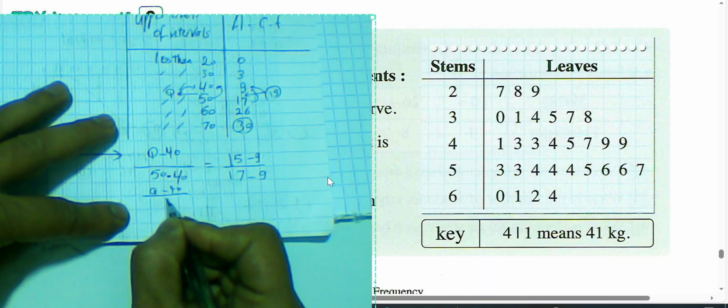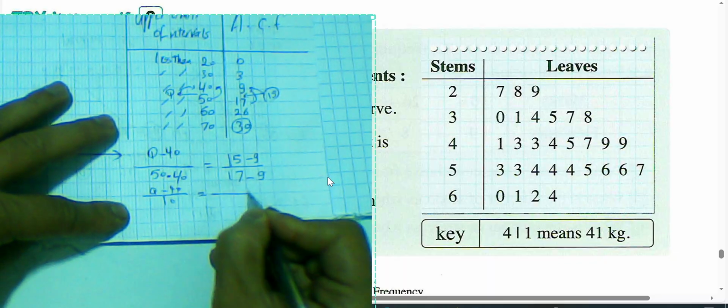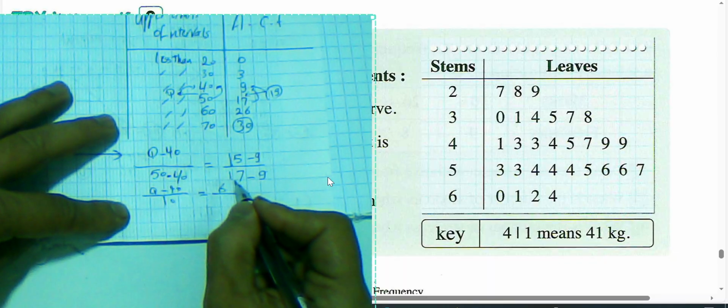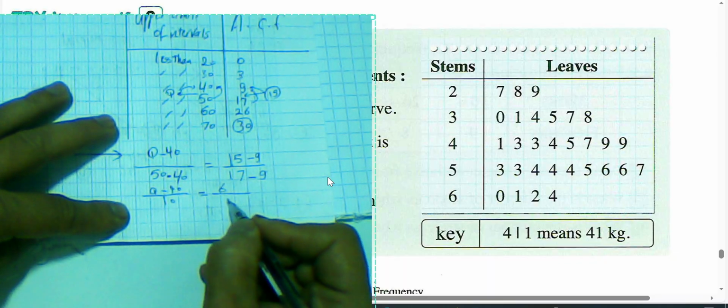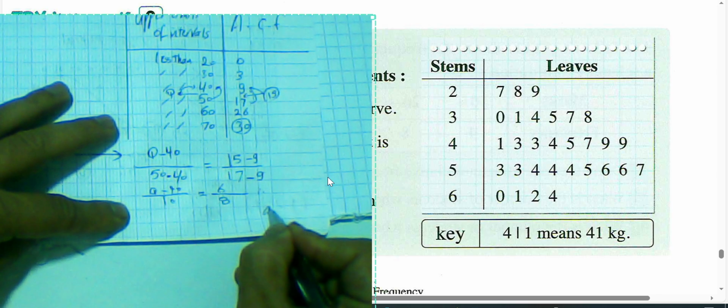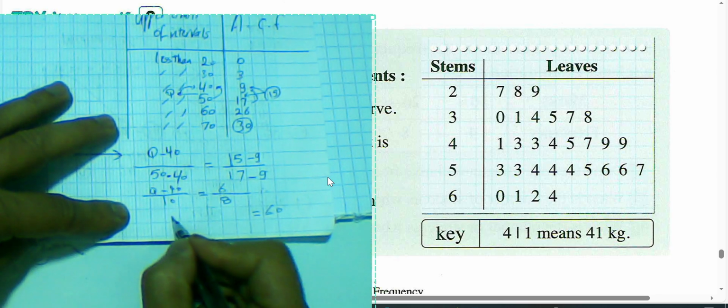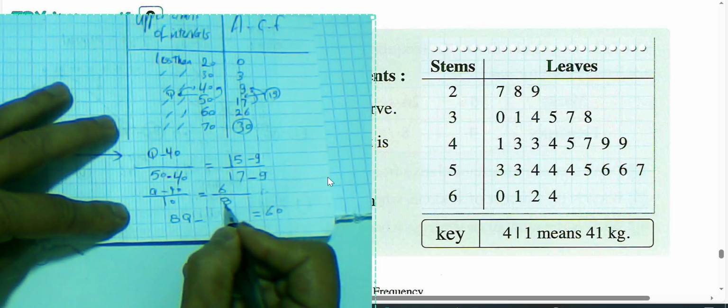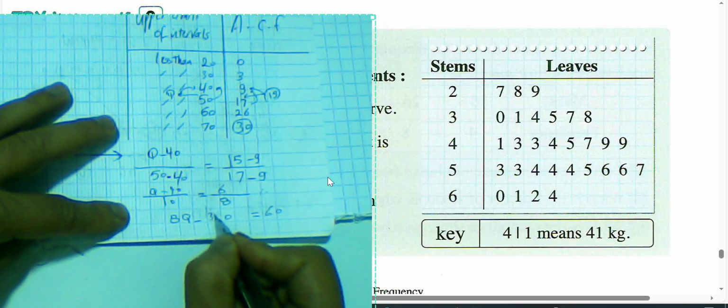Q minus 40 over 10, and 15 minus 9 equals 6, and 17 minus 9 equals 8. Then 10 times 6 is 60, and 8 times Q equals 8Q, minus 8 times 40, which is 320.